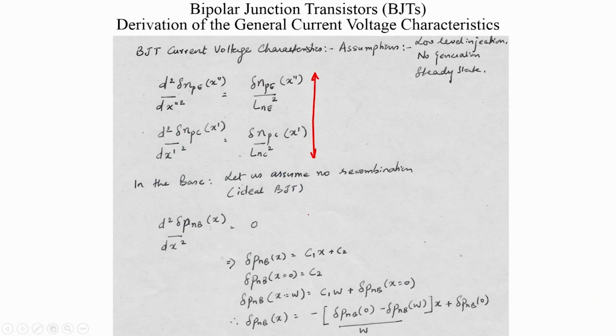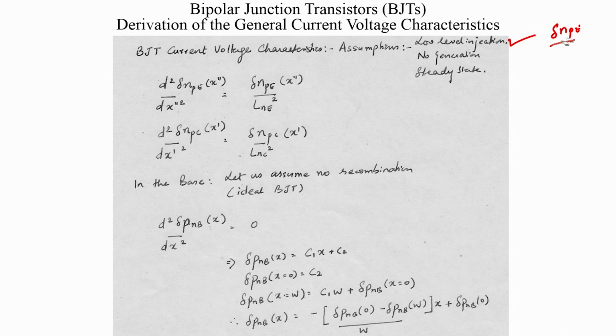Now the continuity equation for these 3 regions is written using several assumptions. The first is low level injection, so that I can very conveniently use my recombination rate, which is basically delta n_p by tau n.